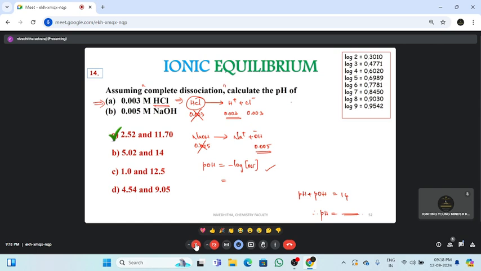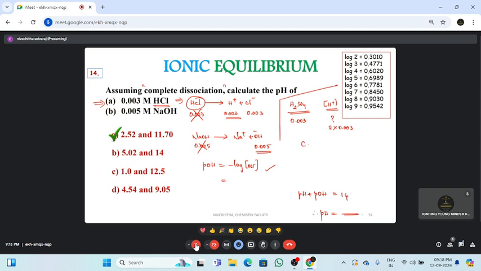But if the acid is sulfuric acid and the concentration of acid was 0.03, then what will be the concentration of H plus ion? They will not be equal. 6, ma'am. Yes, it is 2 times the concentration of acid, because each sulfuric acid will release 2 H plus ions.